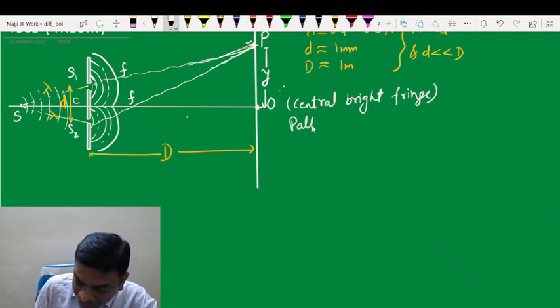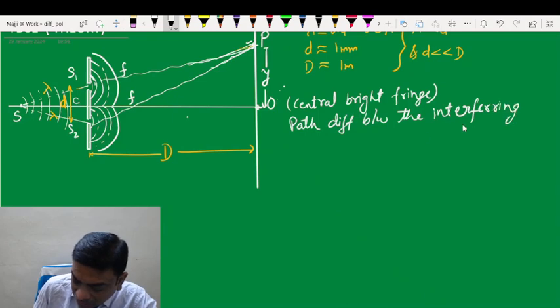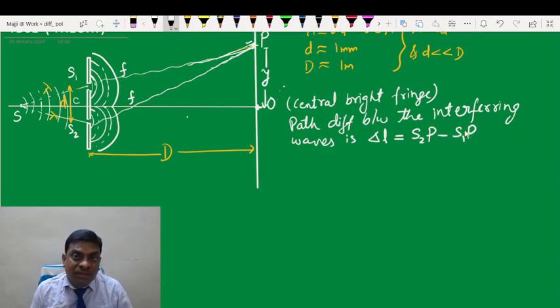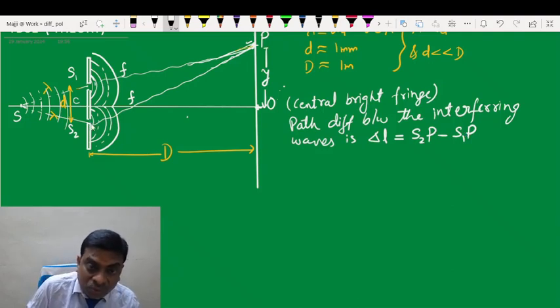So coming to the path difference between the interfering waves, I'll denote it by delta L. Okay, so this is nothing but the difference in optical paths between the interfering waves. For air or vacuum, the optical path is equal to the geometrical path. So for the wave coming out from S2, you can see source S2, the geometrical path length is S2P.